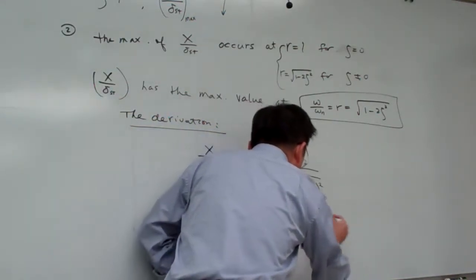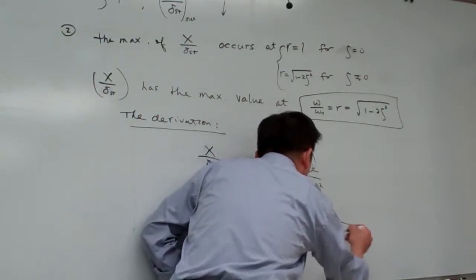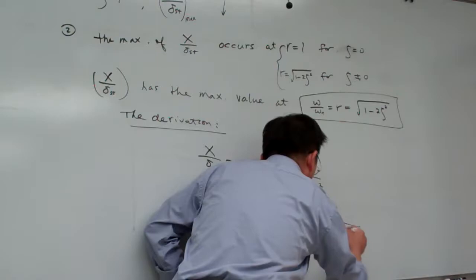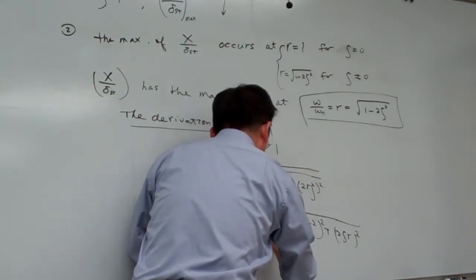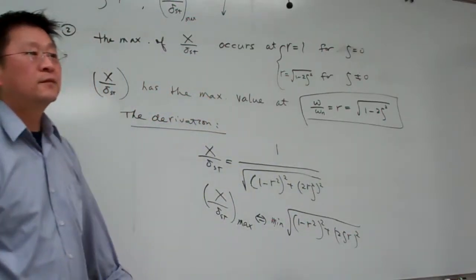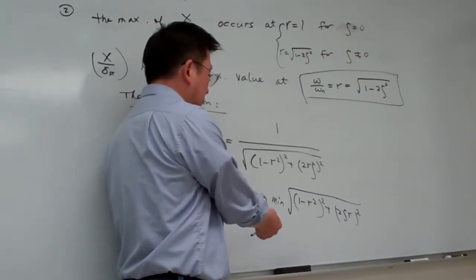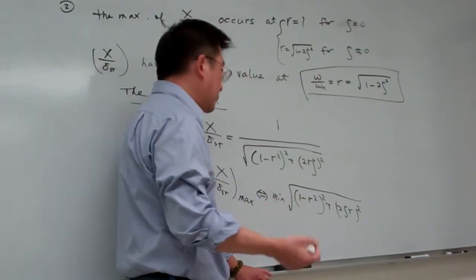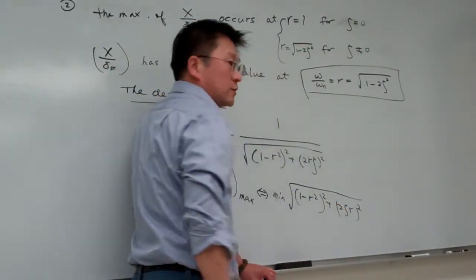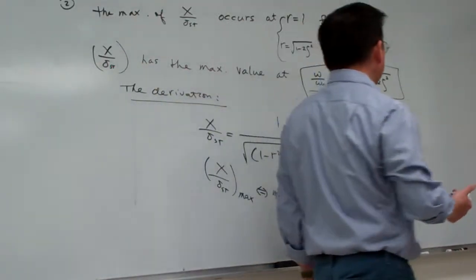So we're looking for the minimum of 1 minus R squared plus 2 zeta R squared. Equivalent. So in this way, the problem becomes finding the value of R that minimizes this function, piece of cake.